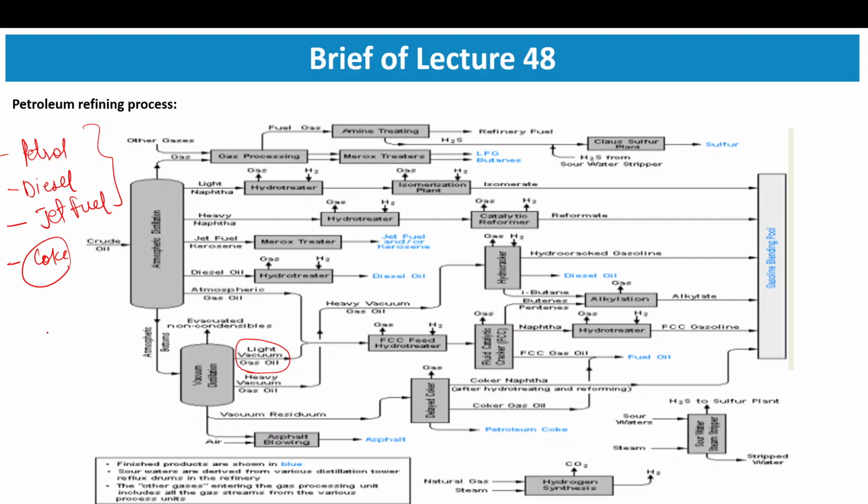There are n number of steps involved, so we will not be discussing it deep, but there are two main distillation columns which are the heart of any refinery. At each and every cut, to have a pure stream and to either enhance the properties or to have some treatment, you provide some reactor or treatment step depending on the requirement.